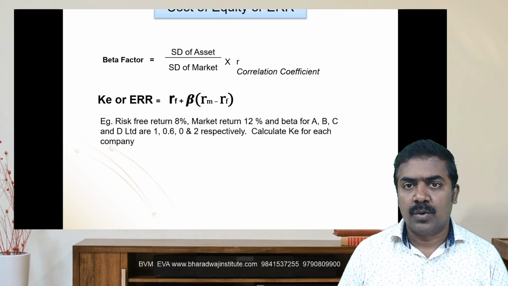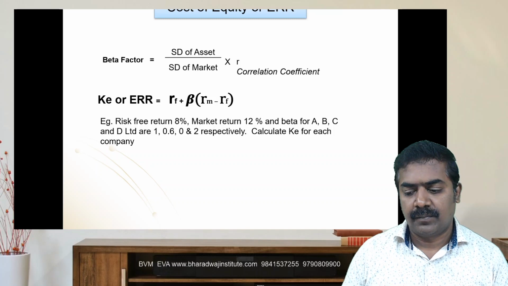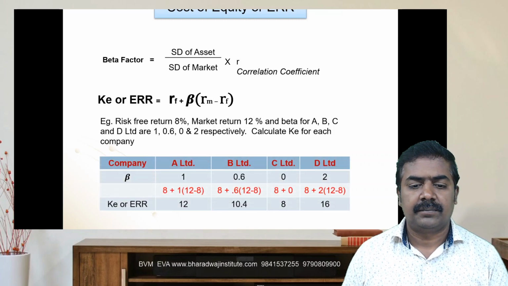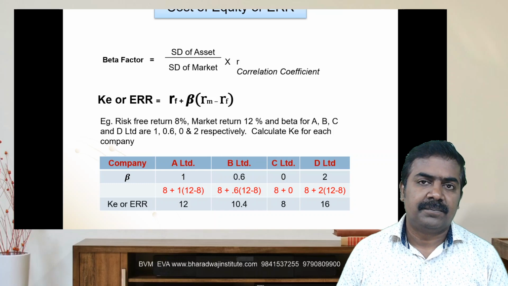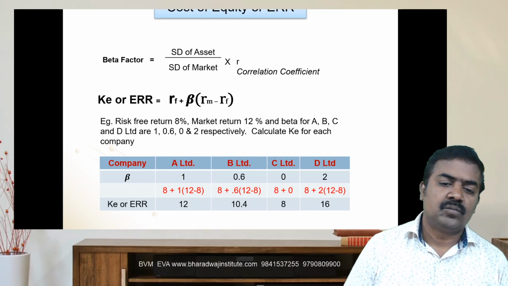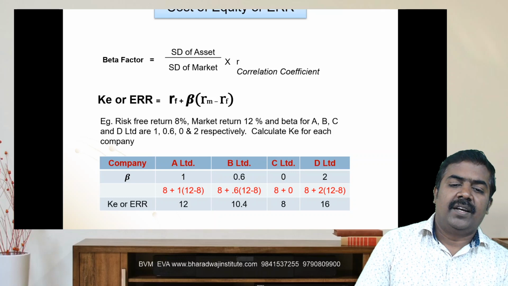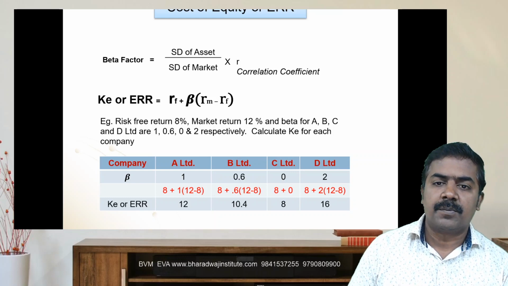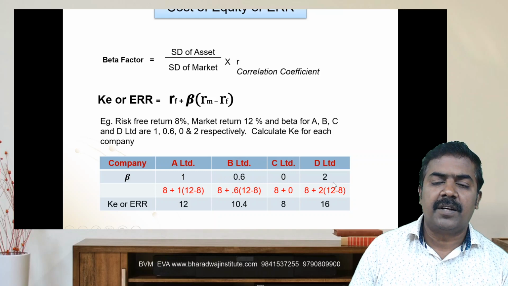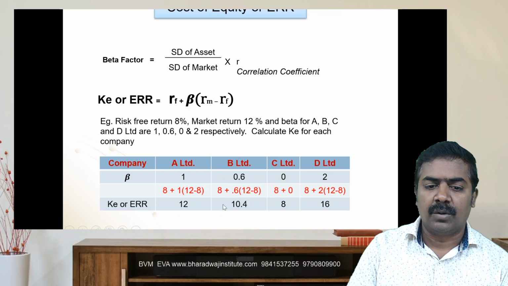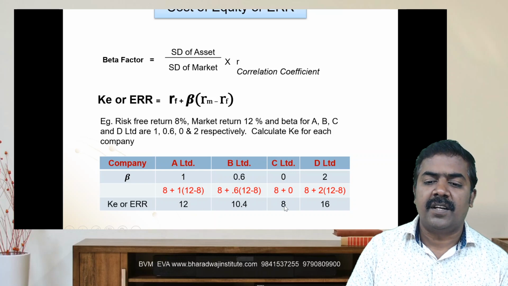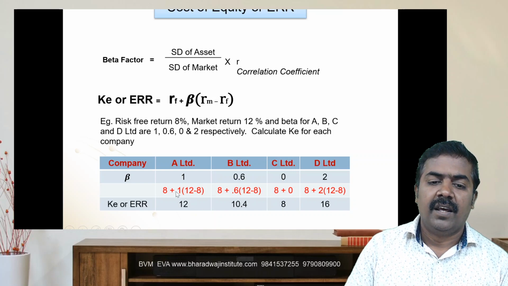Solve it on your own first. Hope you solved it. Let us see. A Limited beta is 1, B Limited beta is 0.6, C Limited 0, D Limited 2. When you work out, you get 12%, 10.4%, 8%, 16%.